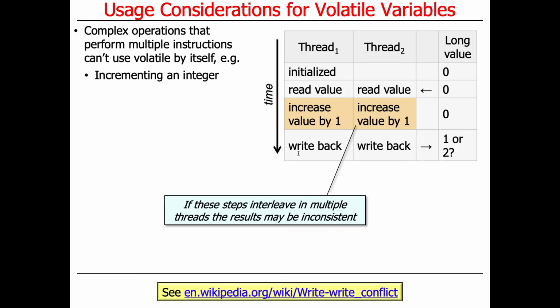And this is demonstrated by this little table that shows some example of how this might occur, because you essentially have these write conflicts where you're doing these operations and it's not clear whether you get 1, whether you get 2, and that's because we're interleaving the operations and it's confusing. So that leads to what's called a write-write conflict.